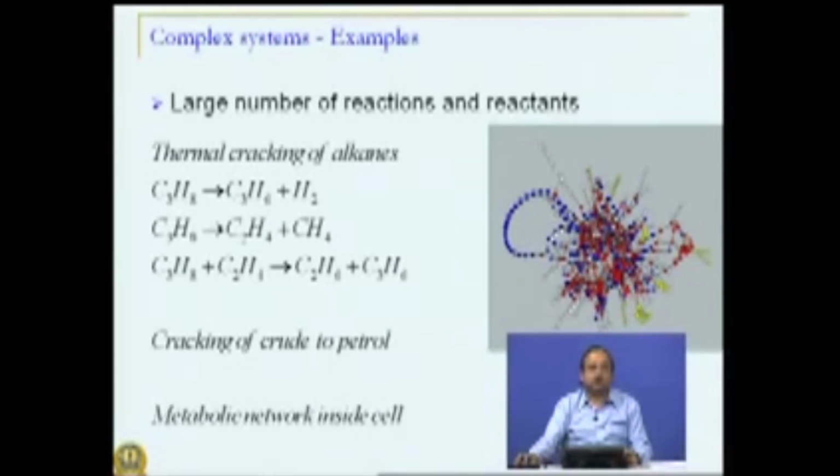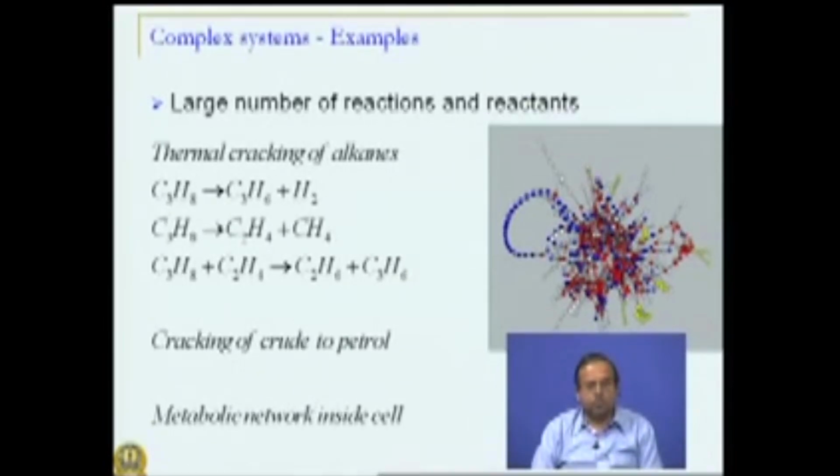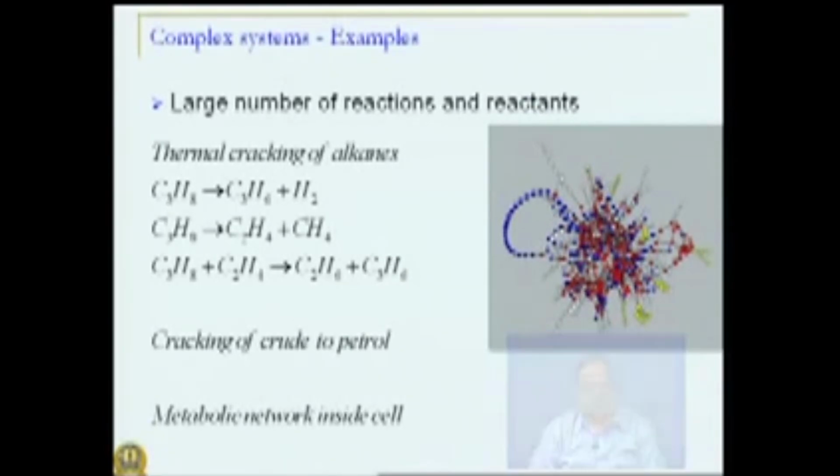So, let us start with examples of complex systems, and the first example that I have put up here is one where we have a large number of reactions and reactants, products and so on. A typical example would be thermal cracking of alkanes. Let us say we start with butane or propane, which gives rise to propylene, then propane can also give rise to ethylene plus methane, then propylene plus ethylene can react to give ethane plus propylene and so on.